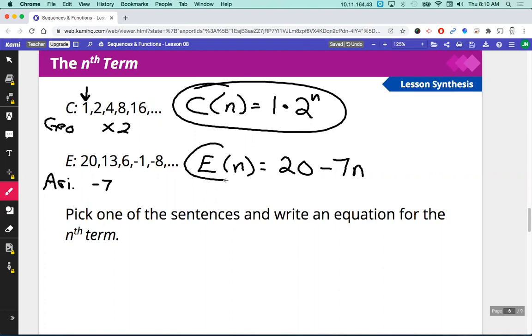This setup is the way you would do all of your arithmetic sequences to the nth term. You do need to know the number you start with to get your nth term definition. But if you know what you start with and what you're multiplying, adding, or subtracting by, you can get your entire definition.